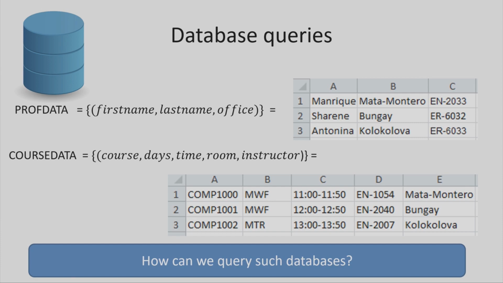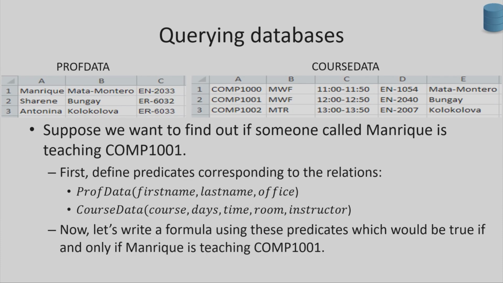Say first name, last name, office, and so on. Really, the only thing that changes is, rather than thinking of prof data and course data as two sets, we are thinking about them as small queries that tell us yes or no.